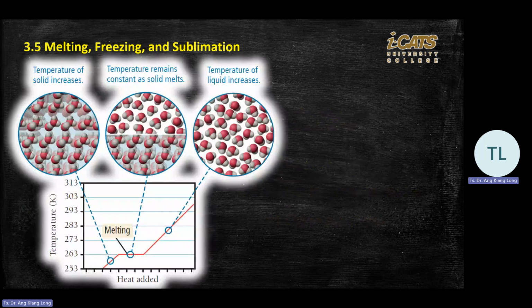So these are the things. You might be asked to predict or draw the graph for the behavior of a certain substance. So you'll be given a certain substance started heated at a certain temperature. So in this case, started heated at 253 Kelvin.